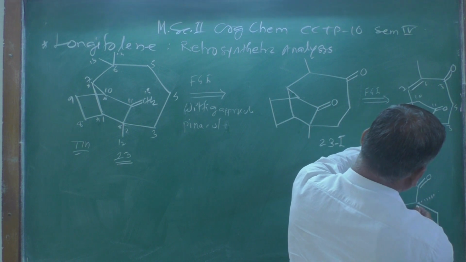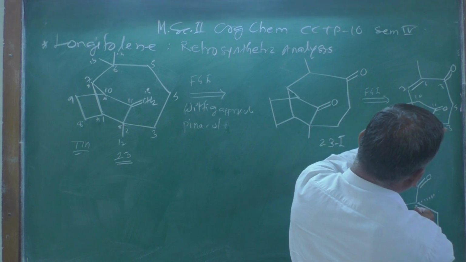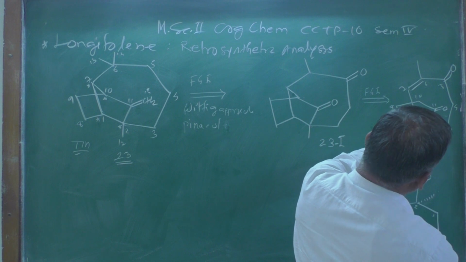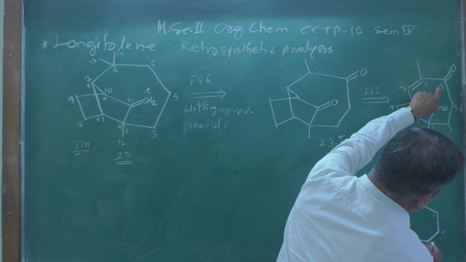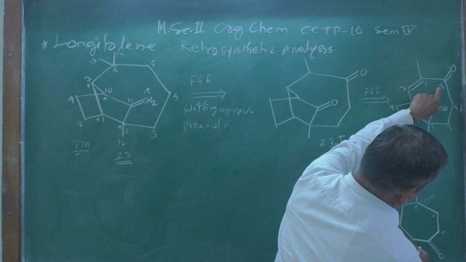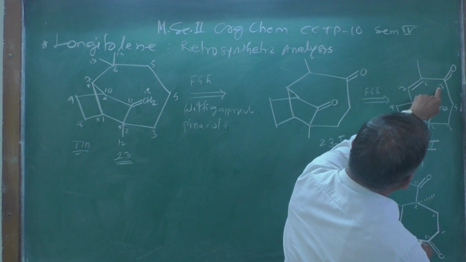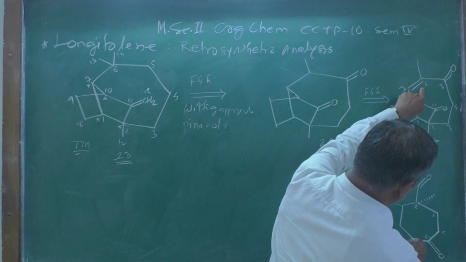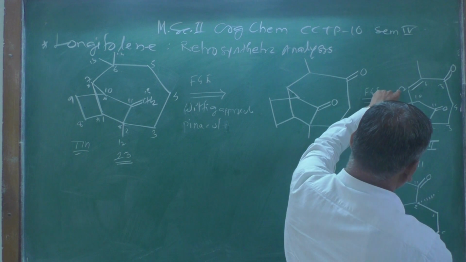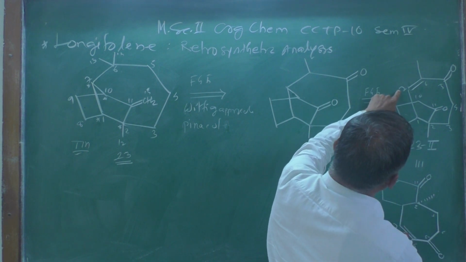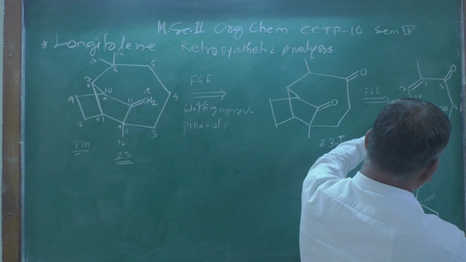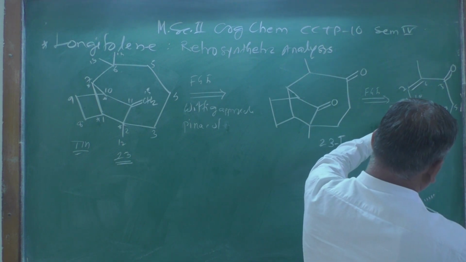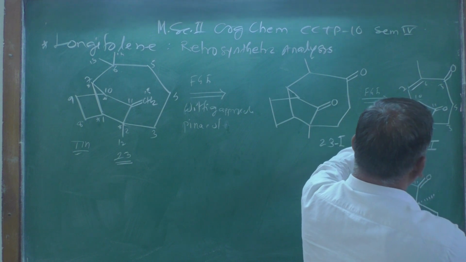This one is 2 here, this will be 3, then 4. Now 5 means here there is a 5, and then 6, there is a double bond, 6 here. Now 7, this one, and here 1 2 3 4 5 6 and 7, right?